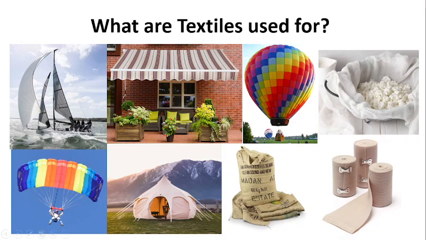They're used for packaging. So this is a burlap sack. Much coffee utilizes burlap sacks, as other products use burlap sacks or other types of fabrics or textiles to be transported in. Also, there are medical uses for textiles. These are ace bandages. Other gauzes are used for bandages as well.